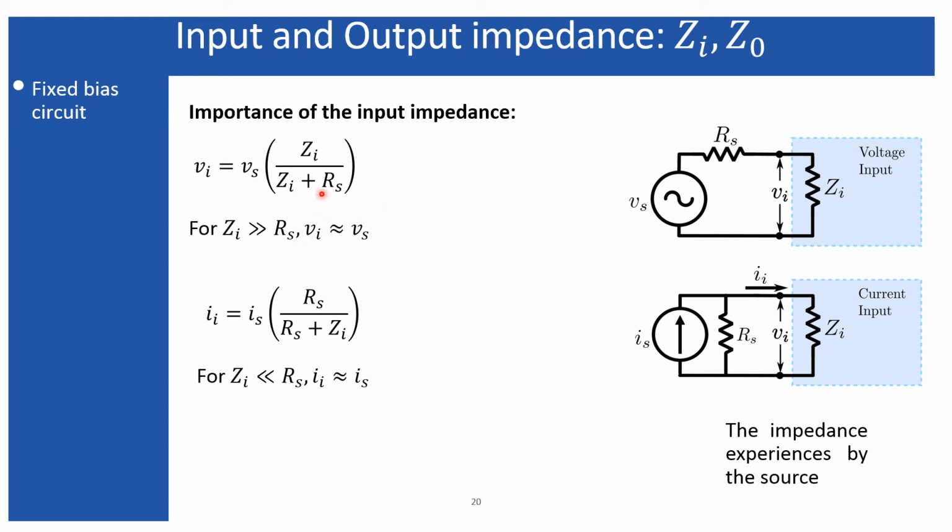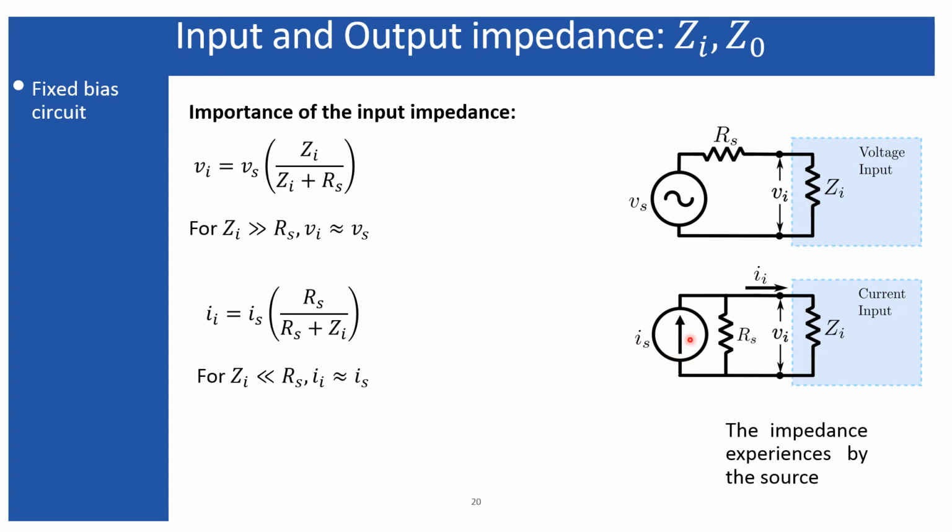Now if Zi is very very greater than this source resistance Rs, then Vi can be approximately equal to the source voltage, and which is required, because if it is not the case, that means if Zi is not very very greater than this Rs, or even Rs is comparable with the Zi, then the total Vs will not be applied across this input impedance of the device. Some of the voltage will be lost by the dissipation across this Rs, and which will be considered as complete loss, because that part of the voltage is not going to the device and not being processed further.